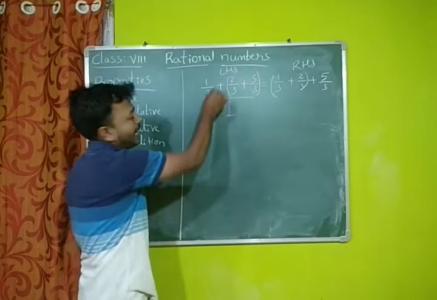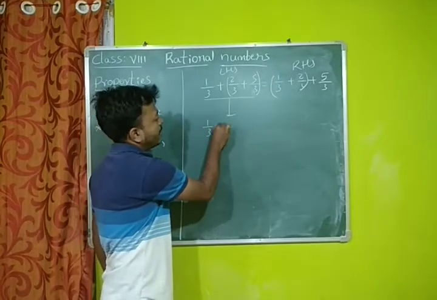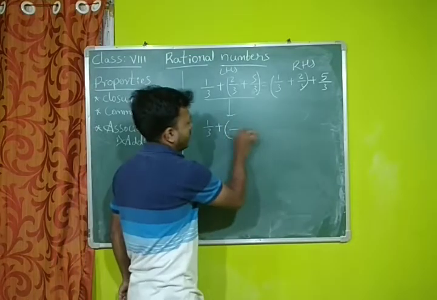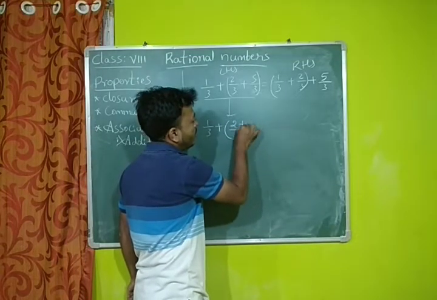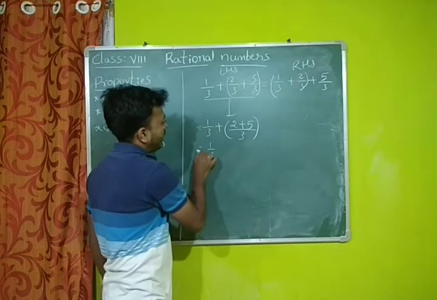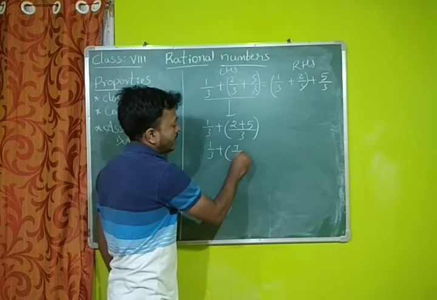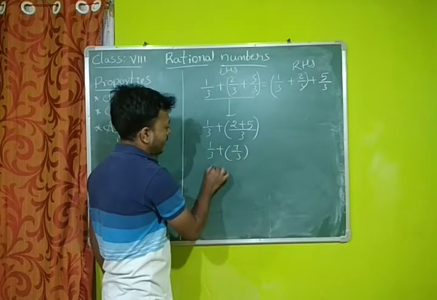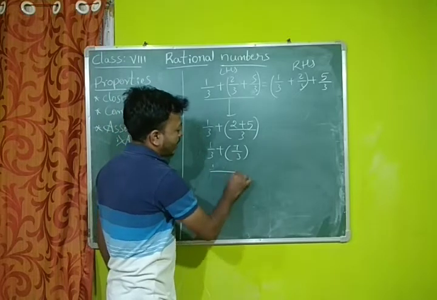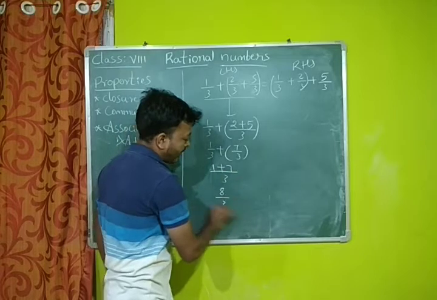Now check the LHS, what answer we will get. 1/3 plus, here these two are like fractions, 3 will come, 2 plus 5. So 1/3 plus, 2 plus 5 is how much, 7/3. And this is 1/3 plus 7/3, these two are like fractions, 1 plus 7 is how much, 8/3.